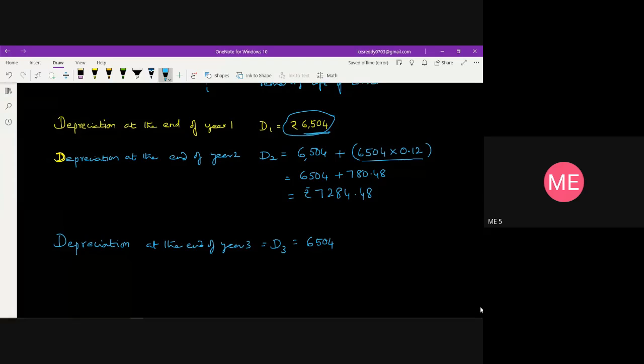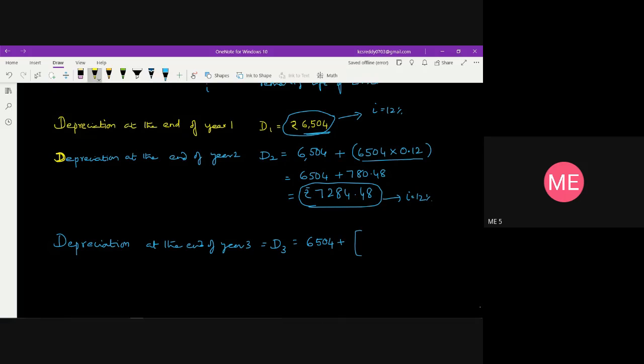6504 plus, now together, because the depreciation for this amount as well as for this amount, this is the depreciation at the end of second year. We got the amount. So this will earn interest at a 12% compounded interval. For that, we take 6,504 plus 6,000.